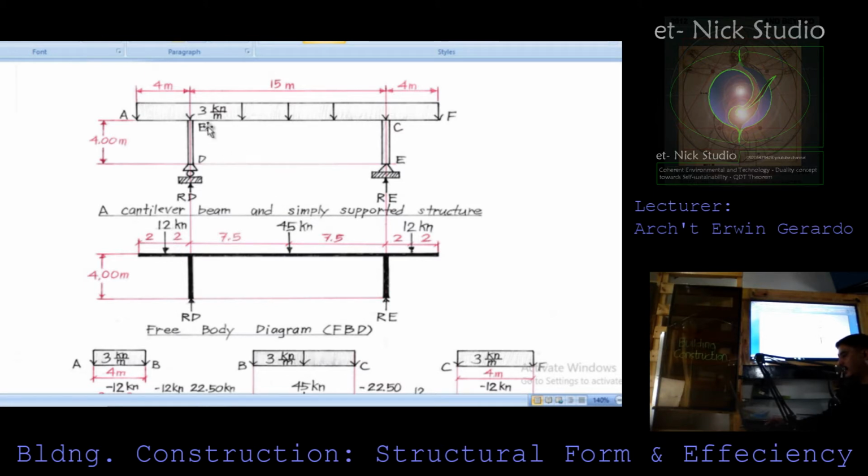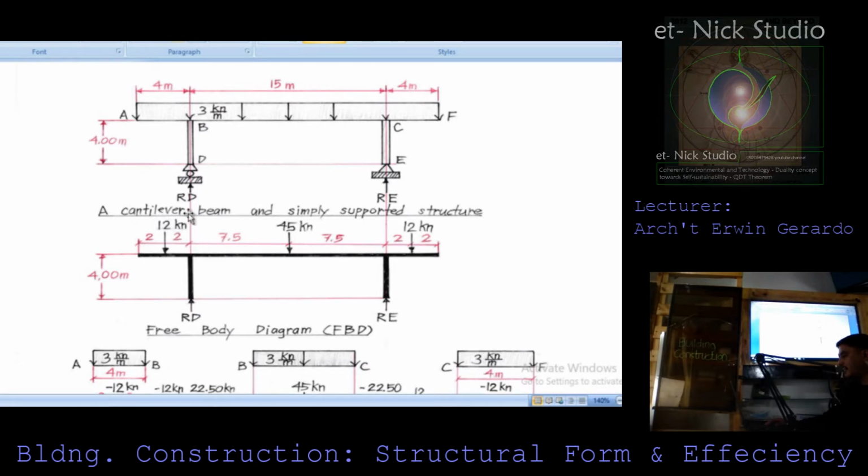Then 3 kilonewton per meter times 15. That's why we attain 45 kilonewton. Then just divide by 2, and we were able to obtain here 7.5 kilonewton.